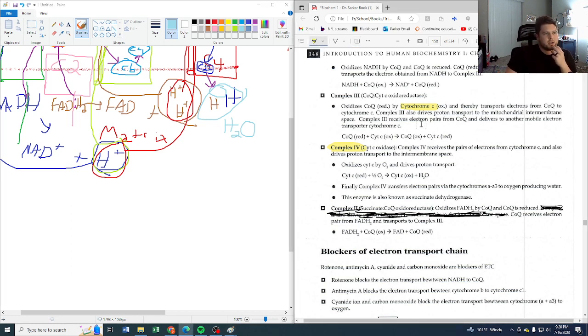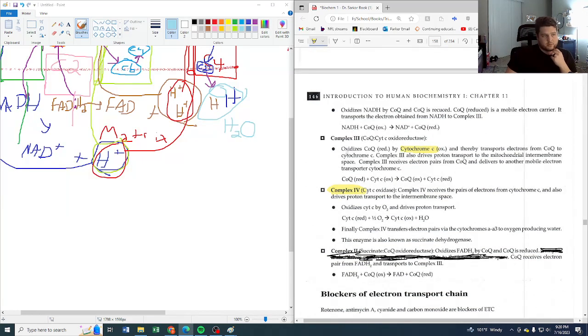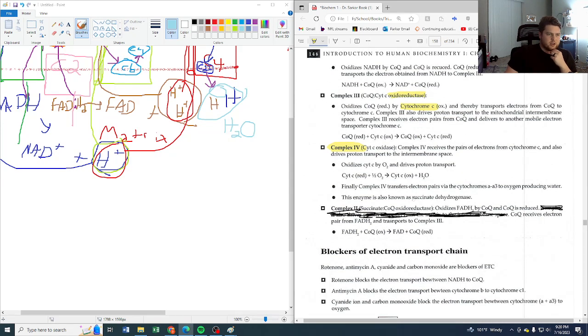So within here, you have a lot of these names of the enzymes, like CoQ, CYP oxidoreductase, succinate dehydrogenase, succinate CoQ oxidoreductase, all this sort of stuff. In all reality, rather than trying to memorize each and every single one of these enzymes, look at the name and make a relationship to what it's actually doing.